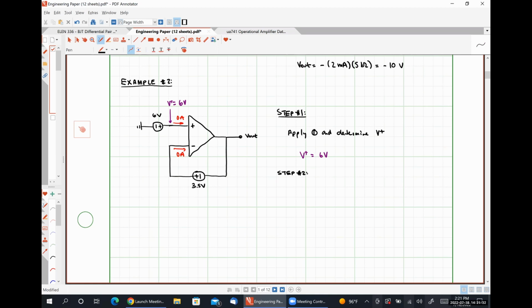Step number two is to apply rule number two and perform KCL at the inverting input node.